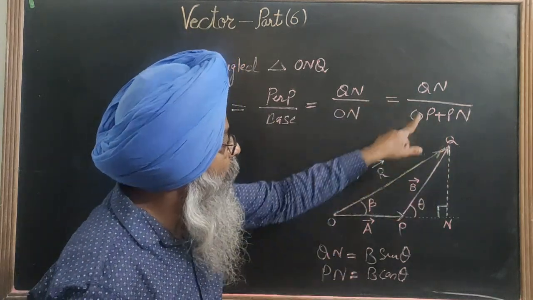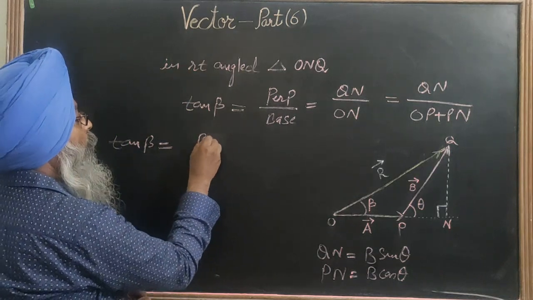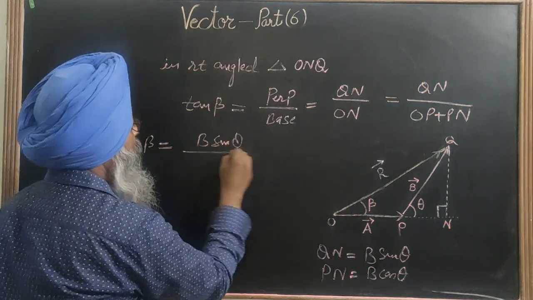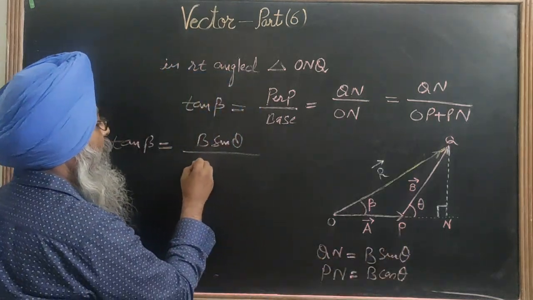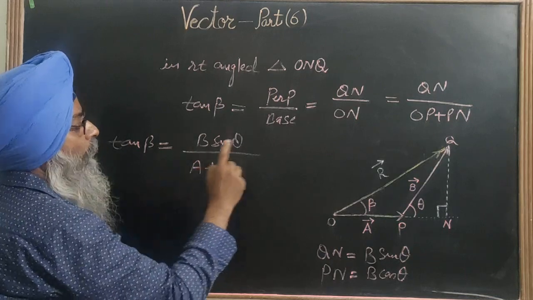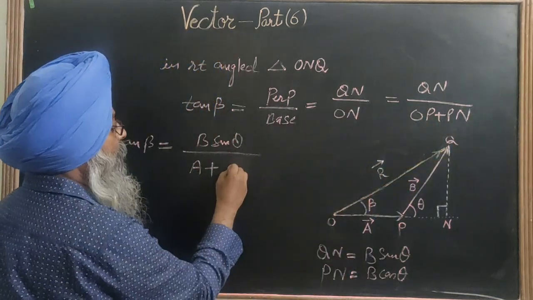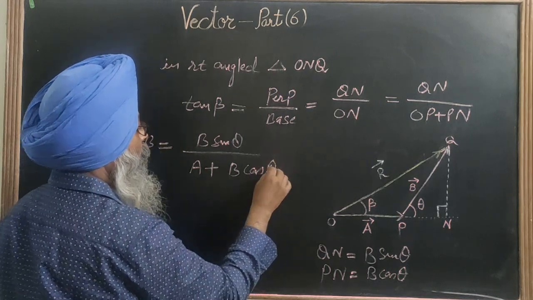Now put these values in the above equation. What is Qn? It is equal to B sin theta divided by Pn. What is OP? OP is equal to A plus Pn, which is B cos theta.